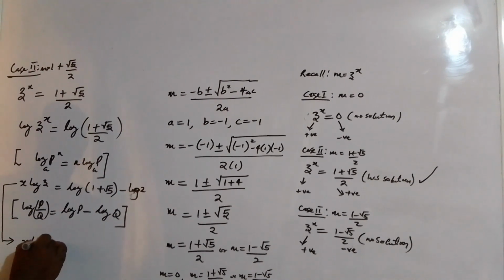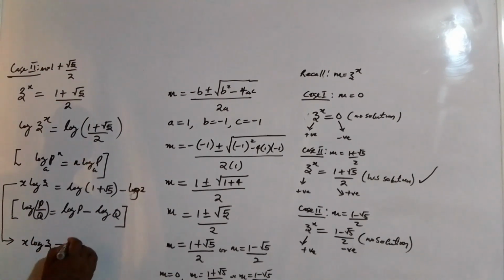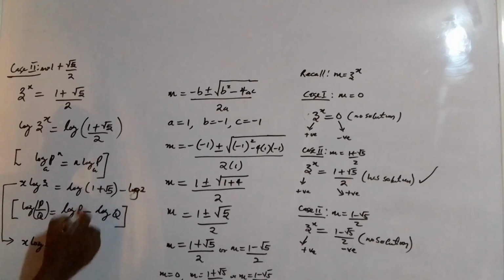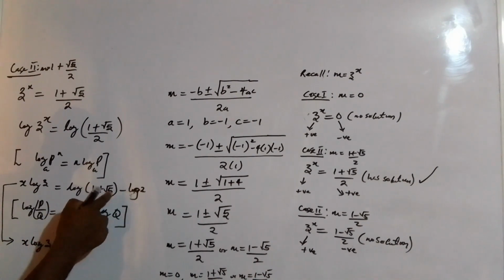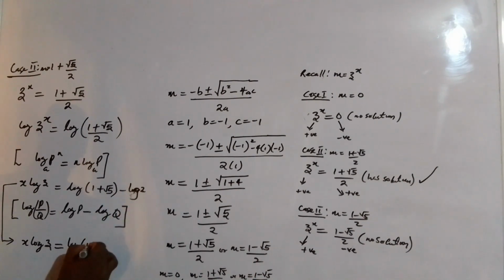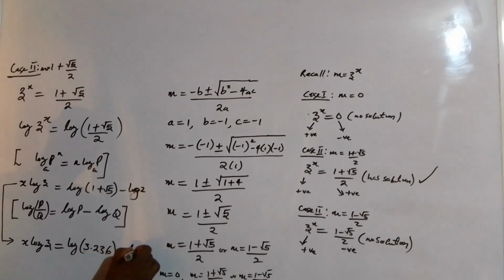So we have x log 3 equal to, let me simplify this further, log (1 plus root 5). Root 5 is 2.236, and adding that to 1 will be 3.236, minus log 2.